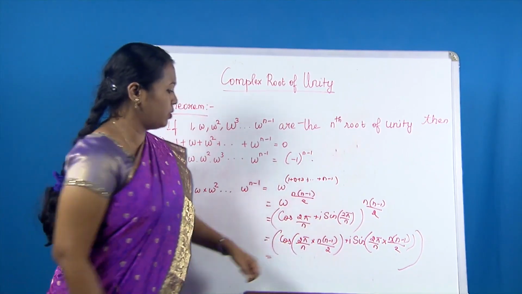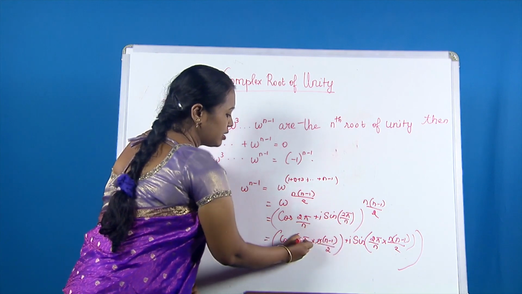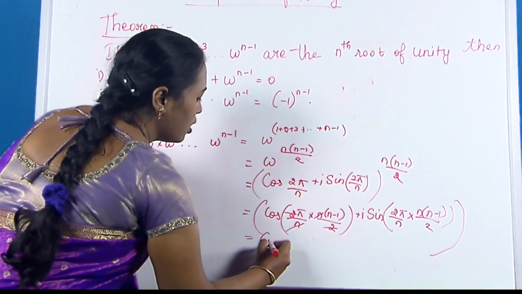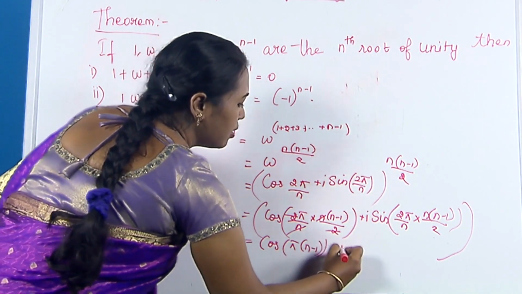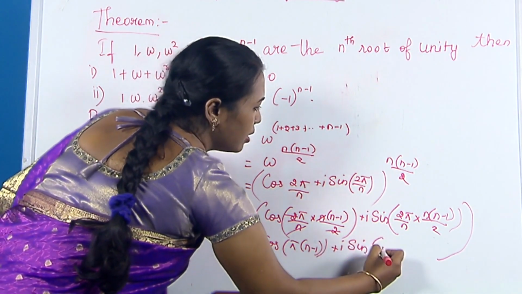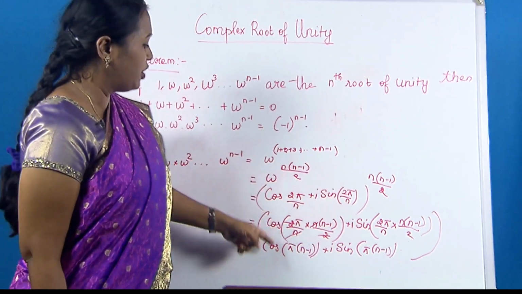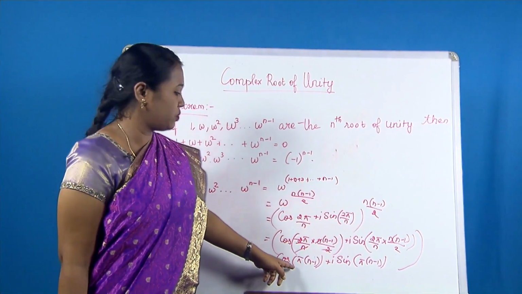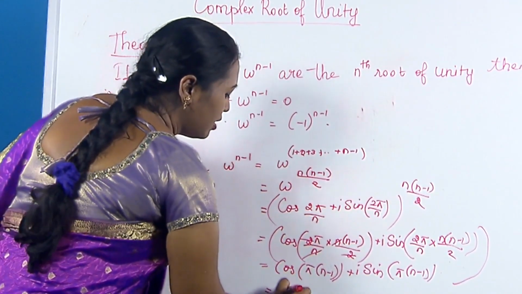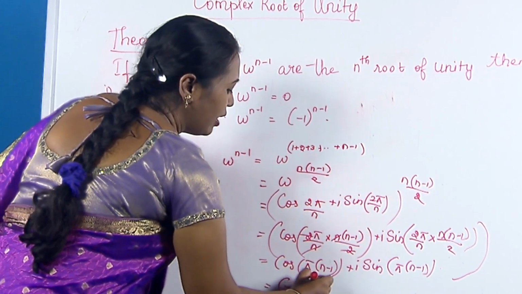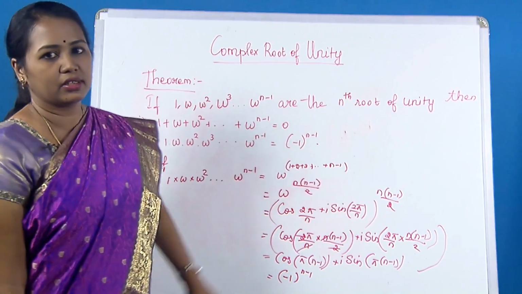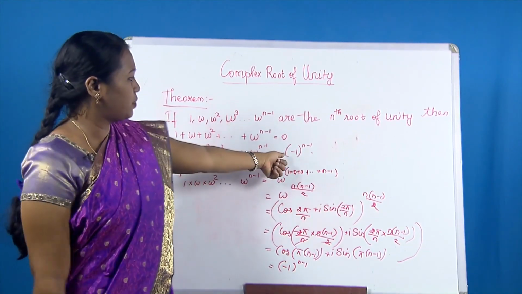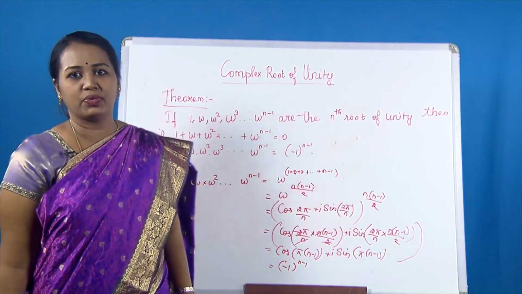So, cancelling the terms, we are left with cos pi into n minus 1 plus i sin pi into n minus 1. We know that cos pi is equal to minus 1. So, this is nothing but minus 1 the whole power n minus 1, and thereby we have proved the result that the product of the roots is equal to minus 1 the whole power n minus 1.